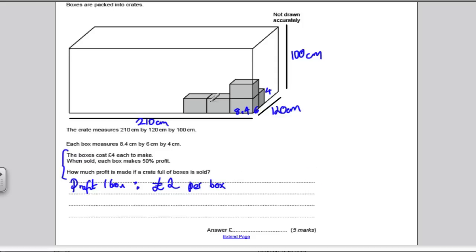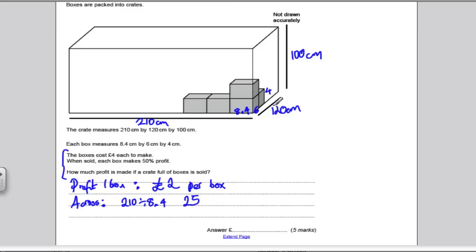Next is obviously to work out how many boxes fit into this crate. So how many go along here? Across, how many would fit? Well, you would have 210 divided by 8.4, which is 25. 25 boxes would fit along that way.